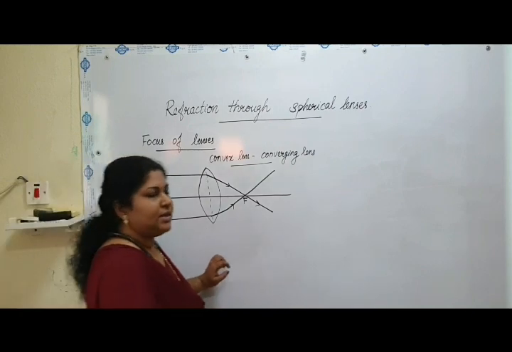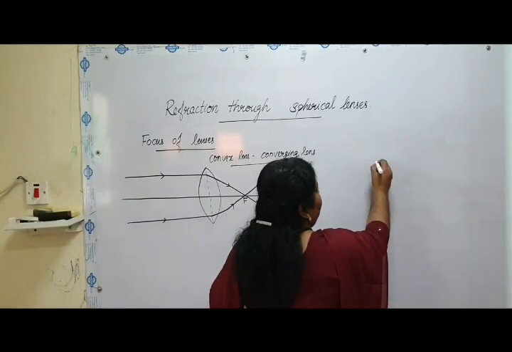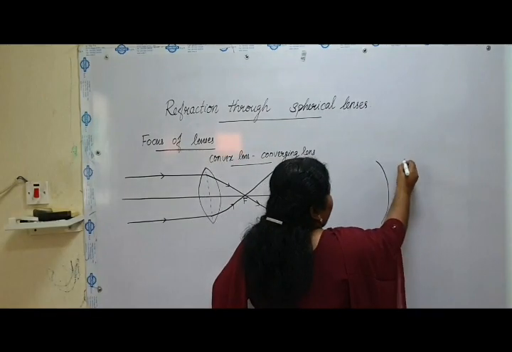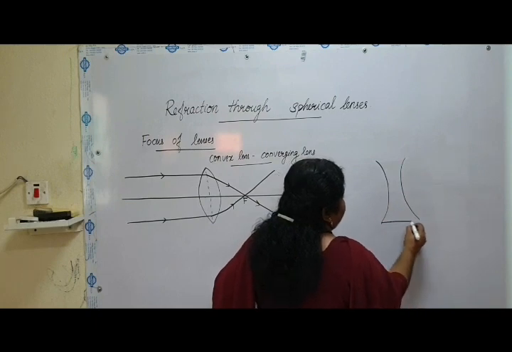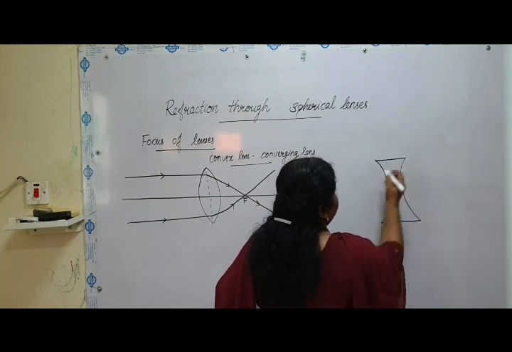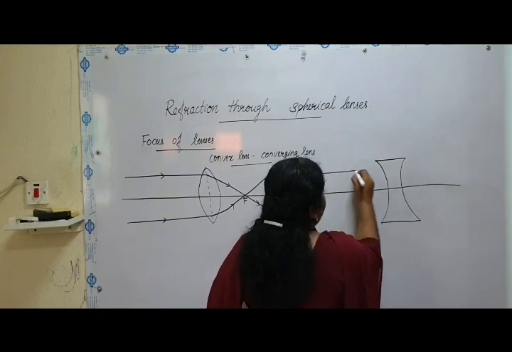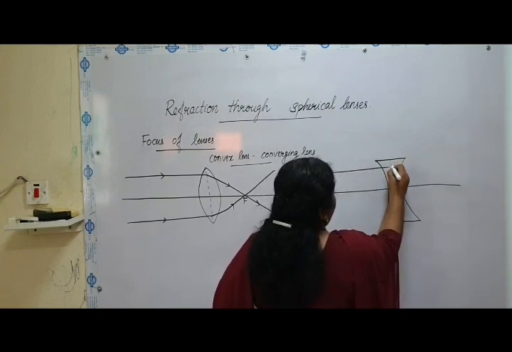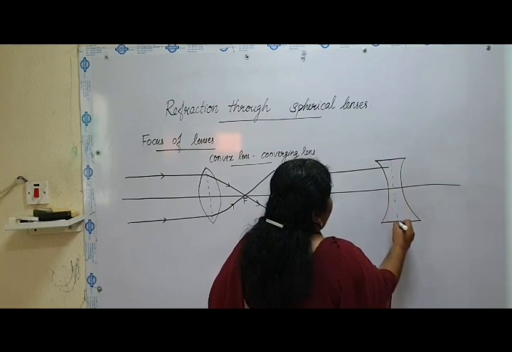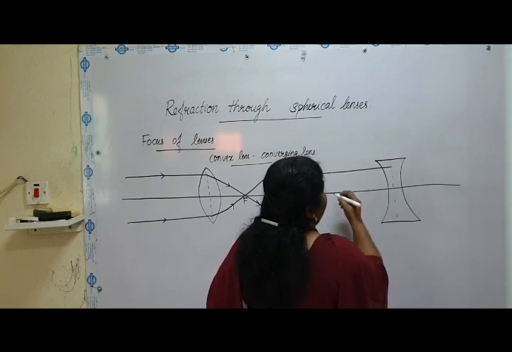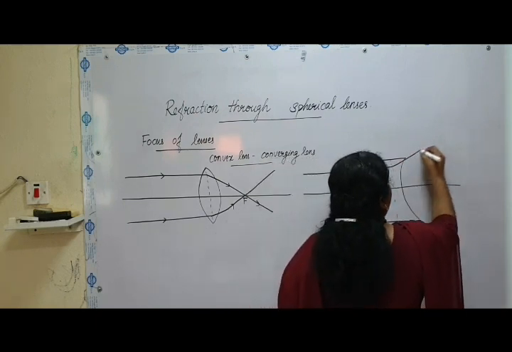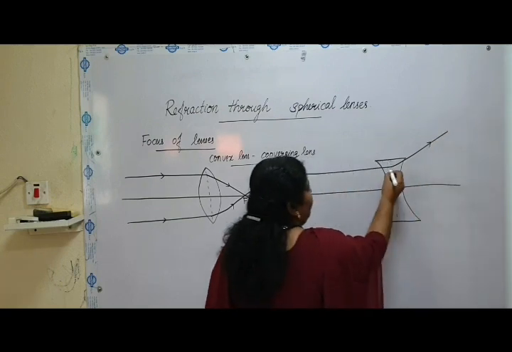Now here we are going to see the concave lens. For a concave lens, middle part it is thin and end part it is thick. This is the principal axis. A ray which is coming parallel. So here also again draw. So it will diverge after refraction.